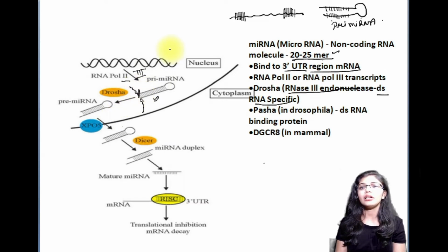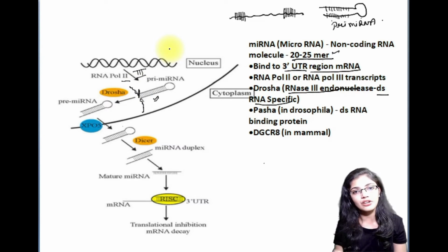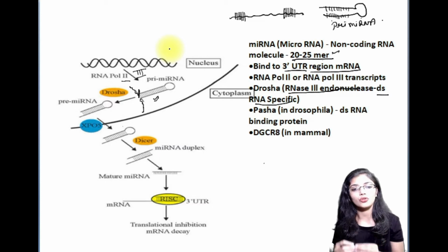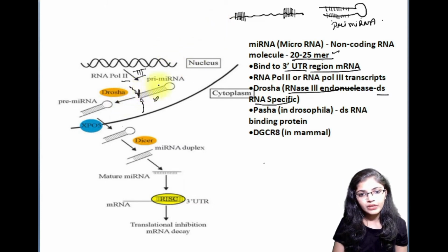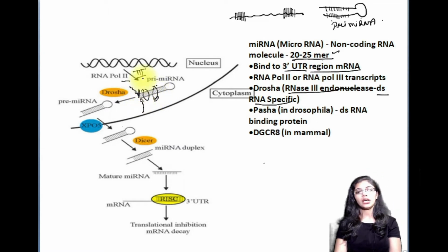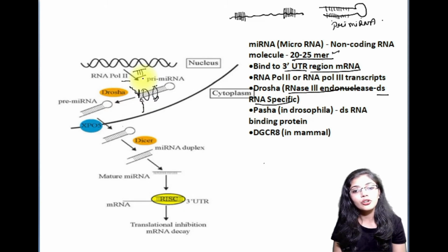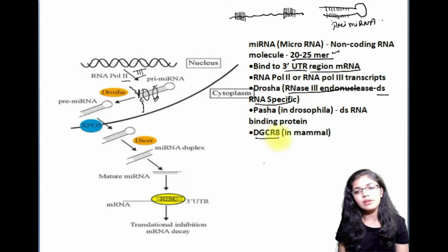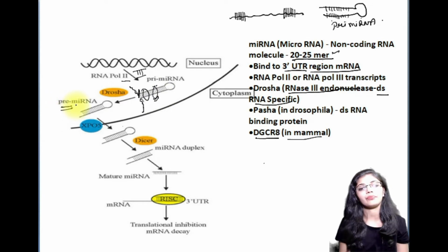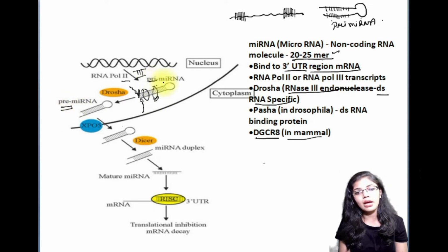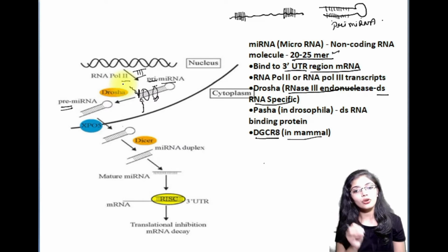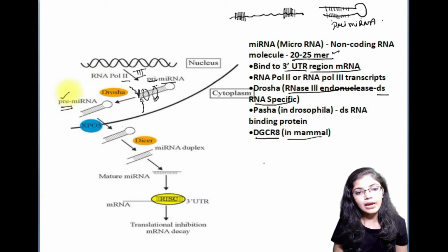Along with DROSHA, there is another protein known as PASHA working together in the case of Drosophila. Where DROSHA is present, PASHA will be present for the cleavage to be done. And in mammals, along with DROSHA, DGCR8 will be present for the formation of pre-miRNA. Here first there was pri-miRNA, and after the processing with DROSHA and PASHA in Drosophila, or DROSHA and DGCR8 in mammals, there will be formation of pre-miRNA.